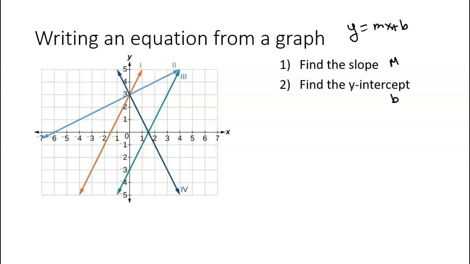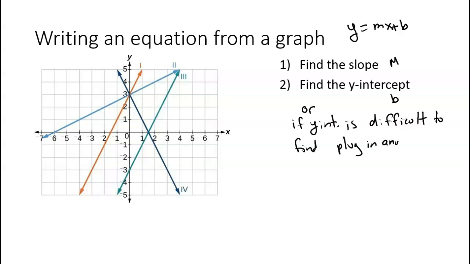Okay, and again, we're going to plug it in, mx plus b. If you don't know what your b is, we can use our slope and we can use another point. So I can say, or if y-intercept is difficult to find, plug in another point and find b.